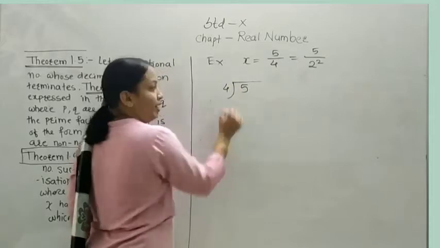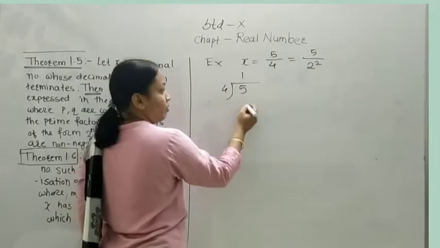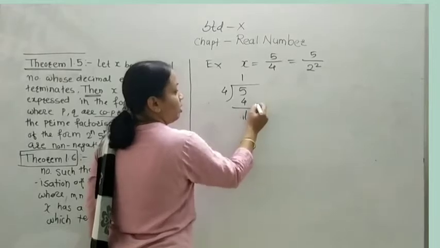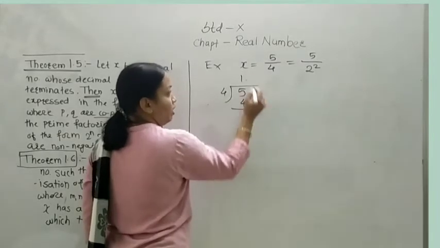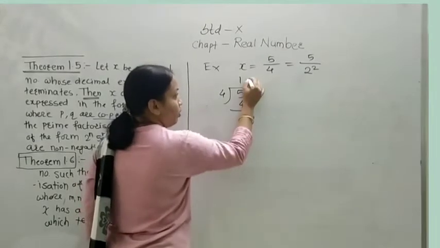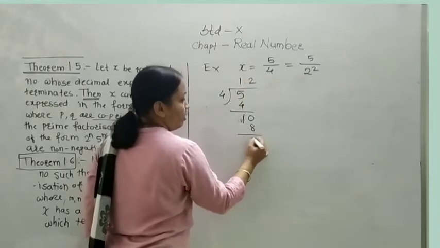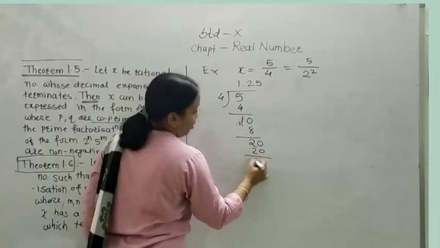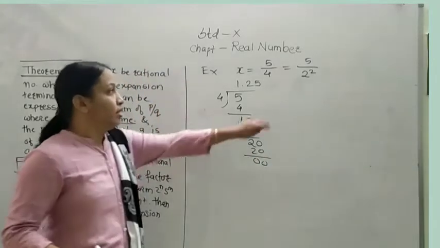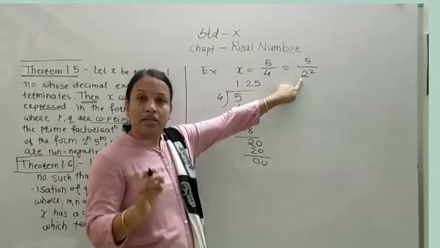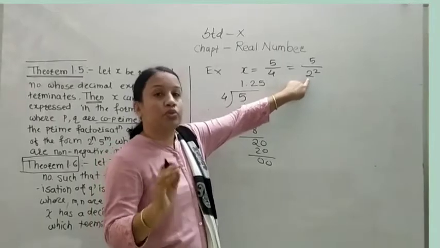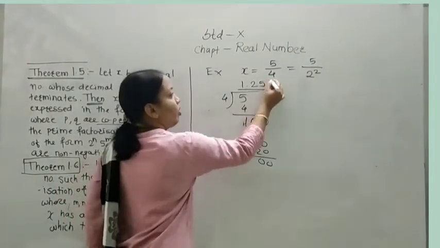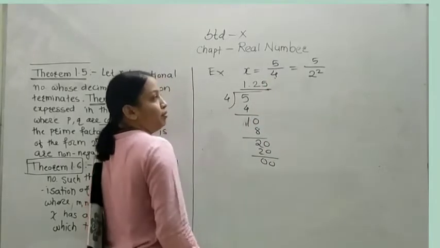5 divided by 4. 4 ones are 4. Okay, then it will be 1 carry. If you take 0, then 2 eights are 8, then 2 again, 0 it will be. Now what you observe is that if the denominator has the power of 2 only, then also the decimal expansion of this rational number is terminating.